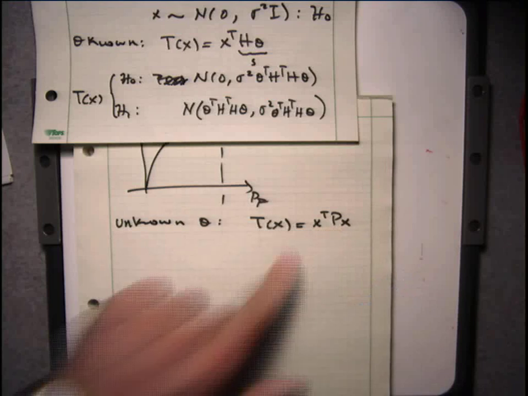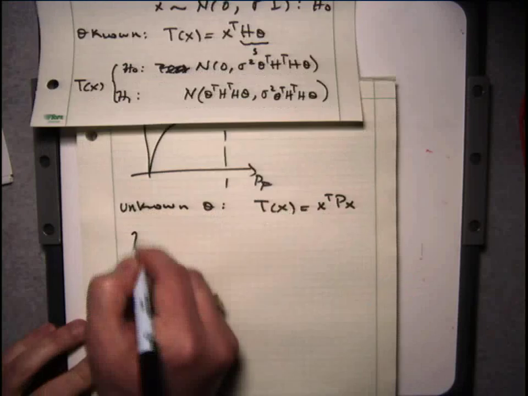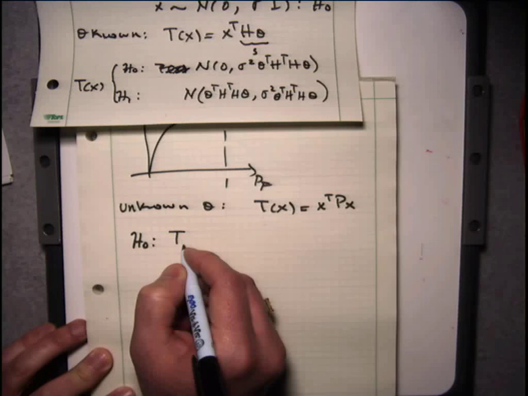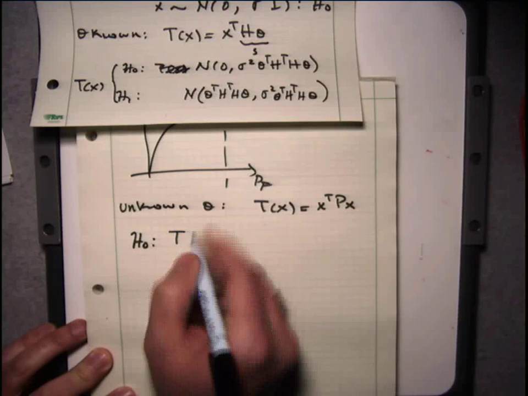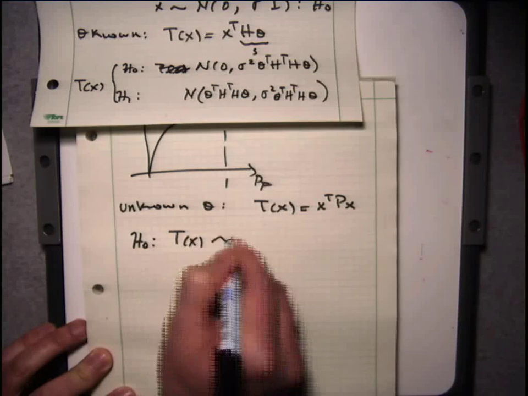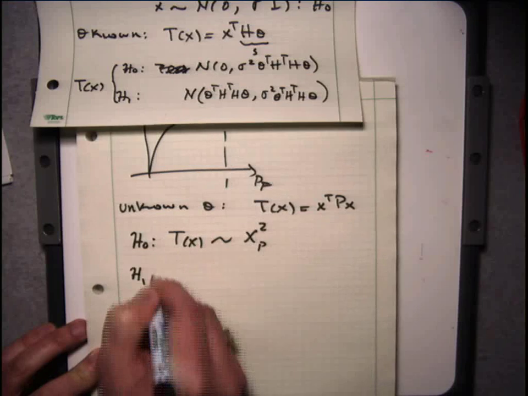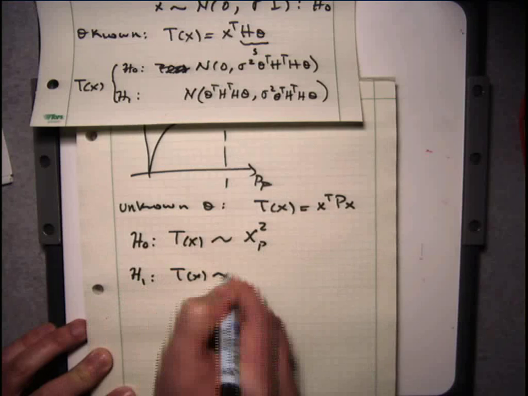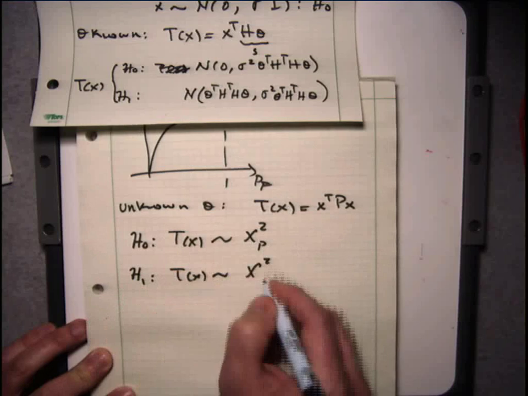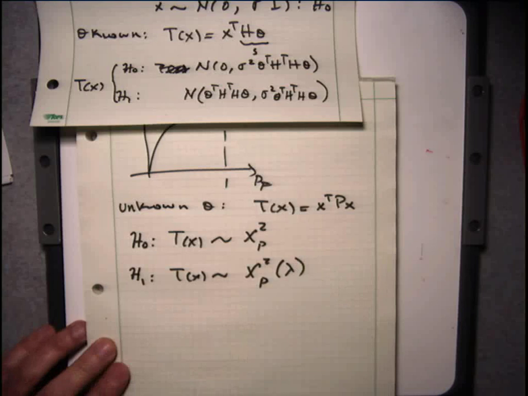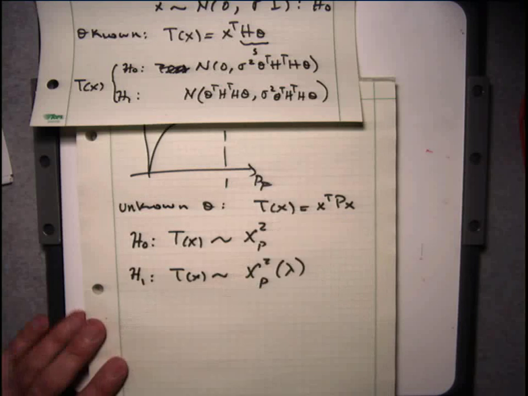Okay? So with this, you have the following densities. The test statistic for the generalized case is going to be a chi-squared with p degrees of freedom. And in this case, it's also chi-squared with p degrees of freedom, but it has something called a non-centrality parameter, because the Gaussian you started off with is not zero mean.